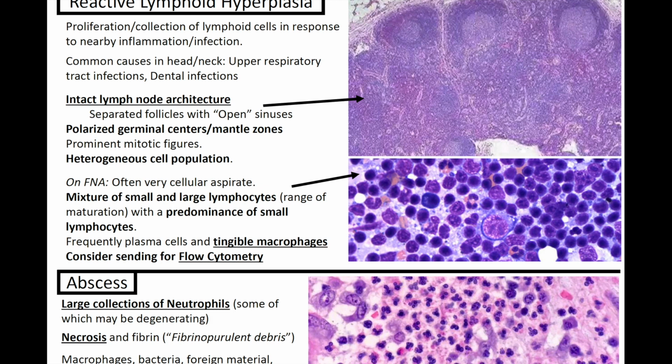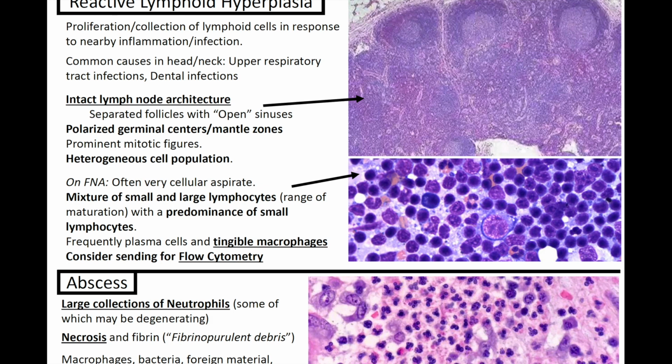So you're going to have intact lymph node architecture with separated follicles with open sinuses and polarized germinal centers and mantle zones, as well as prominent mitotic figures and heterogeneous cell population.